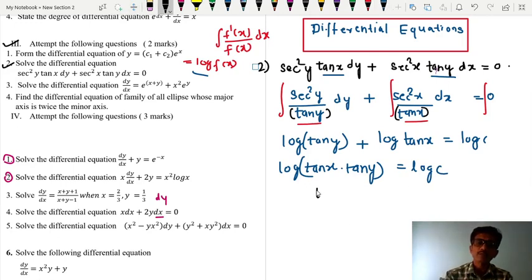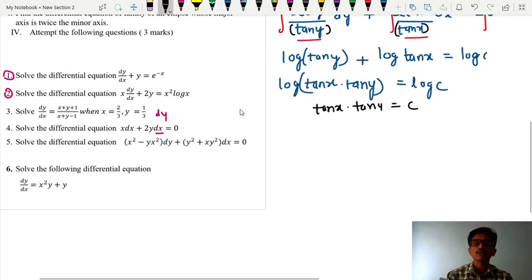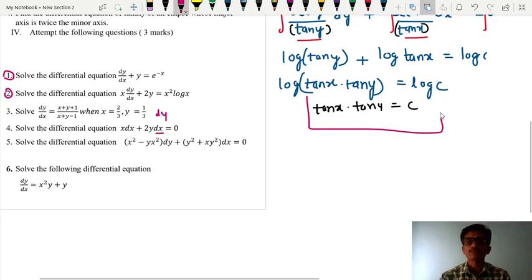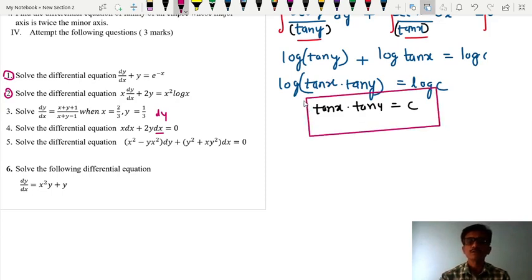That means tan x into tan y is equal to c. So tan x into tan y is equal to c is the solution of the differential equation.